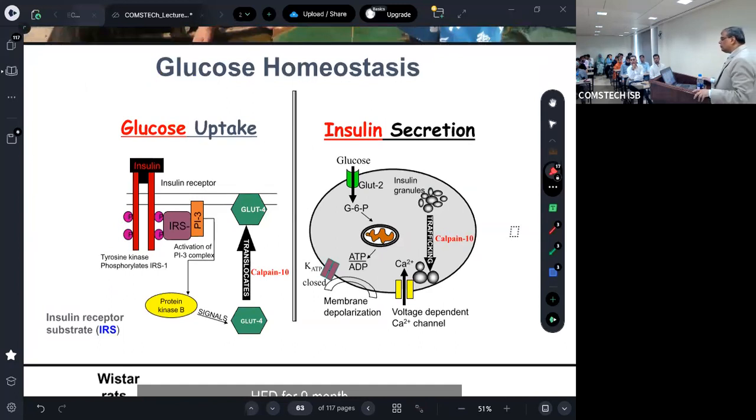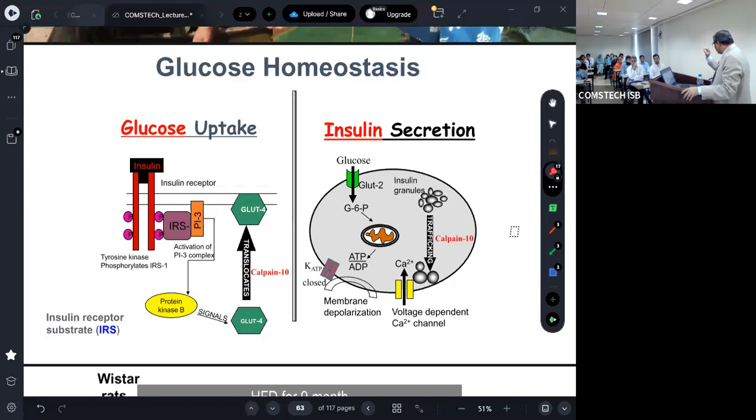Glucose homeostasis. There is a certain level of glucose. If you take less food during the month of Ramadan, you are fasting, your blood glucose is maintained. During a marriage ceremony or any party, you are taking too much food, too much sweet. However, is your blood glucose high or low? No, it is the same. Similarly, the outside temperature may be 25, but your body temperature is 37. If the outside temperature is 42, doesn't matter, or it is below zero, your body temperature is 37.